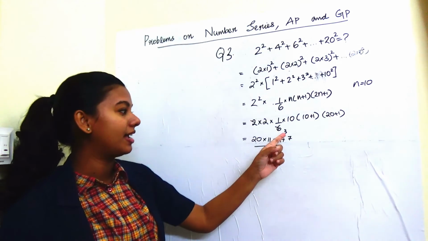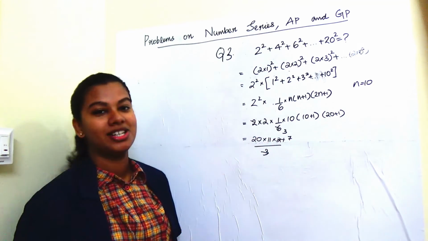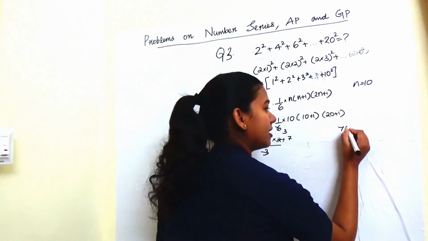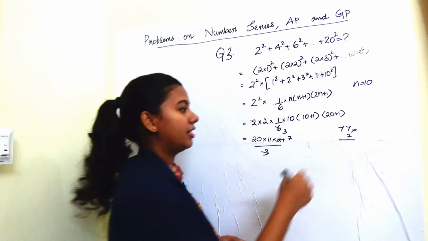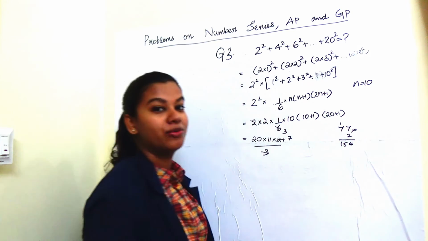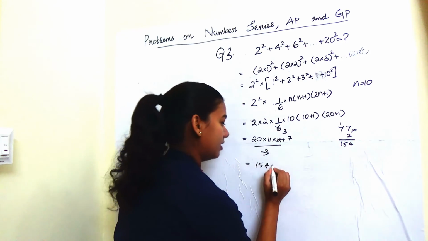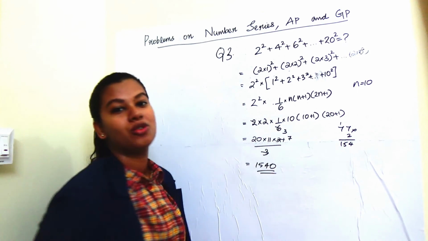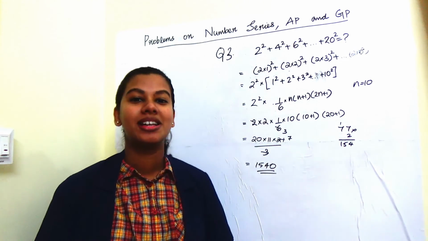Now I have to multiply 7 into 11 into 20. 7 into 11 is 77. That is 77 into 20. I just remove the 0, divide into 2. I get 154. That is equal to 154 and add the 0. 1540 is the answer for this sum.